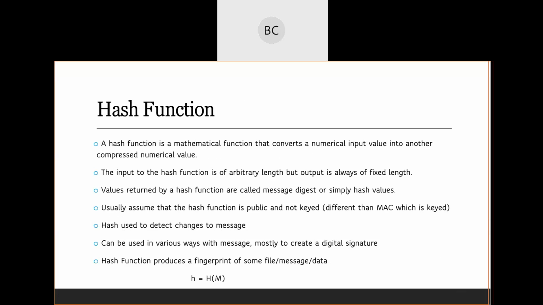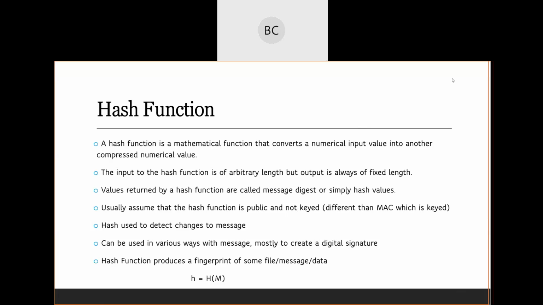Okay, so next is hash function. I hope you guys have some knowledge about hash functions already. Hash functions were already included in your data structure syllabus. So what is a hash function? It's just a mathematical function. It converts a numerical input value to another numerical value.